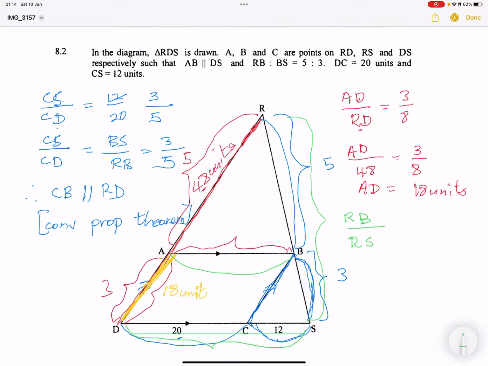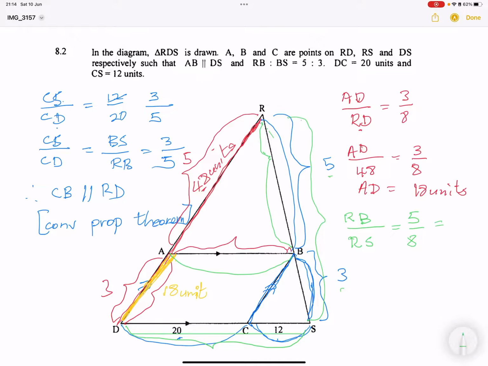So from the smaller triangle, RB over the big triangle, RS, that should give us 5, so RB is 5, over the ratio for the entire side, which is 8. That's 5 plus 3, so that's 5 over 8.